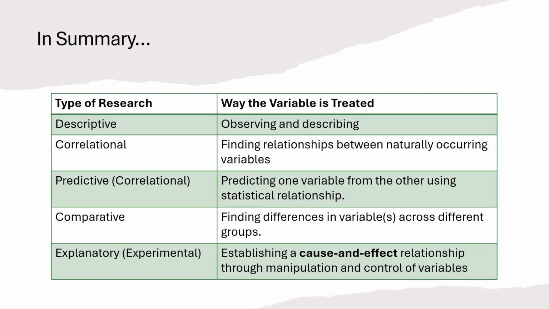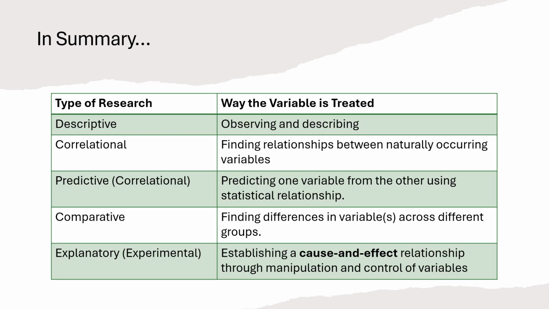So to recap, based on variable treatment, we have 4 classifications of research. One, descriptive, which is simply observing and describing. Second one, correlational and predictive, finding relationships between naturally occurring variables or predicting one from the other.